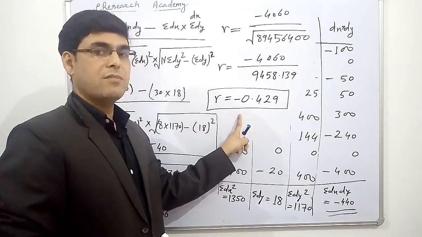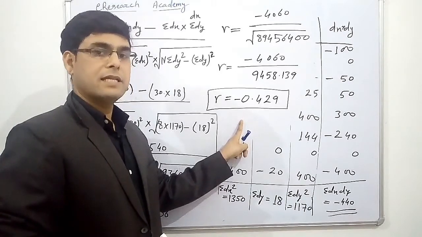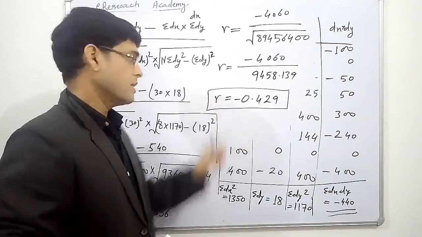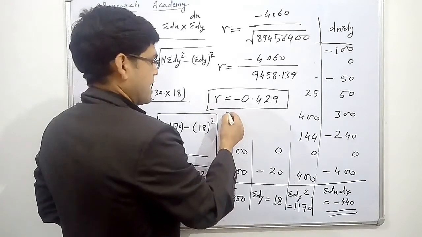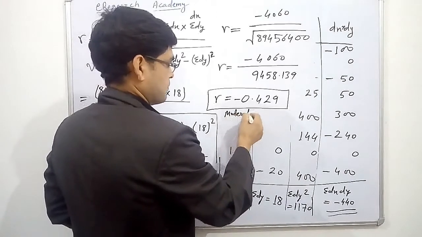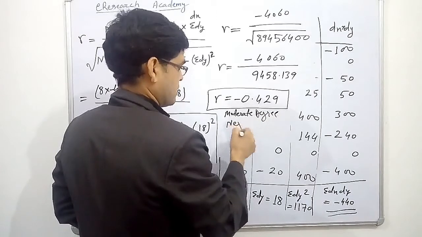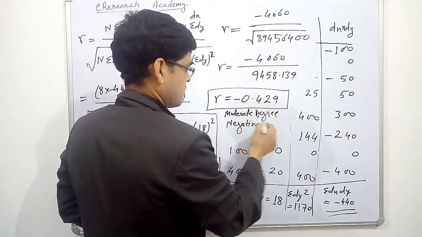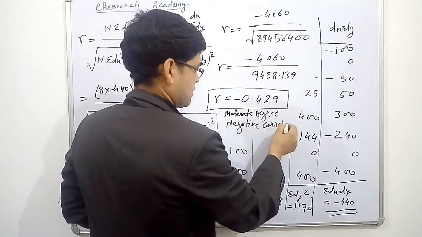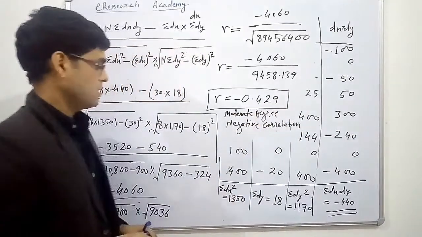As a result, the marks they score there are lower than in the other subject. So you will have to write here: moderate degree negative correlation. Okay, so this is our answer.